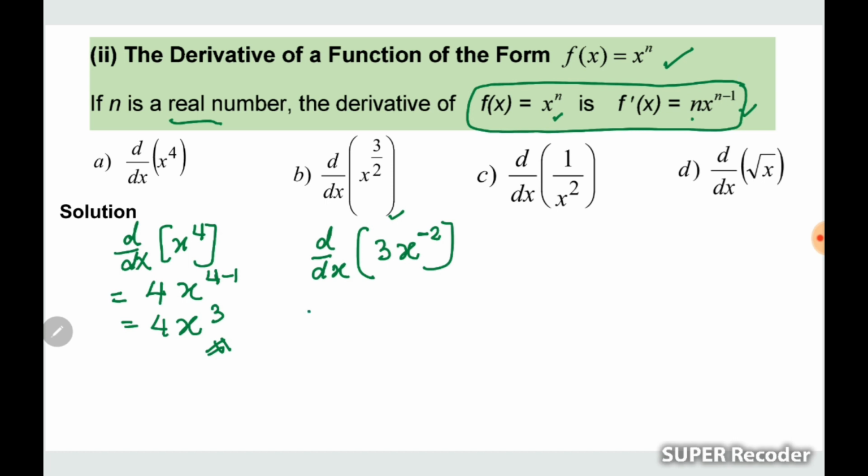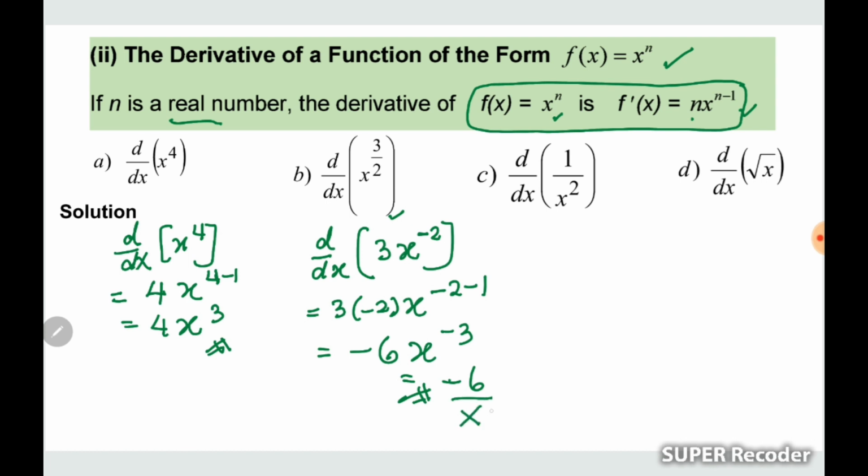Okay, so the answer is 3, you have to multiply with negative 2, x to the power of negative 2 minus 1. So the answer is negative 6 x to the power of negative 3. Okay, or simplify to get negative 6 over x to the power of 3.